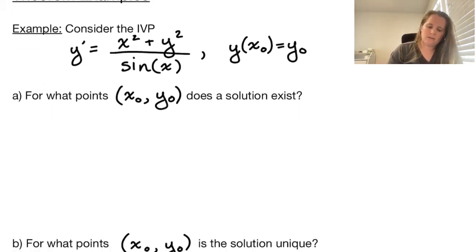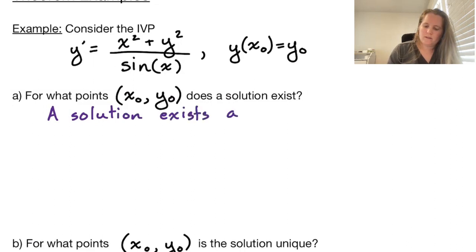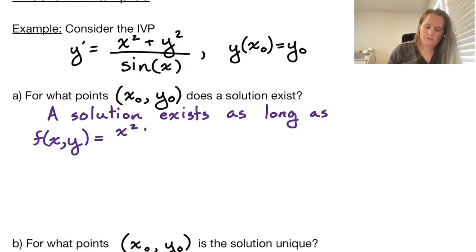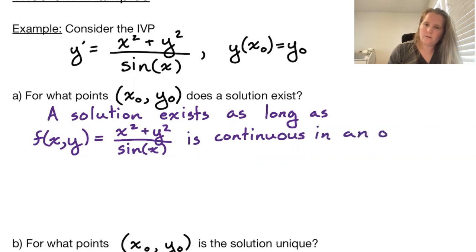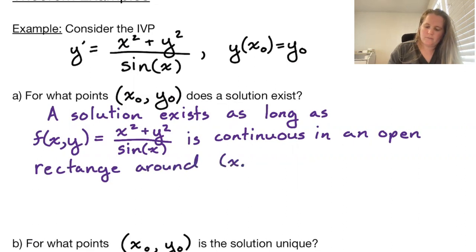So a solution exists as long as the function f of x, y, equaling x squared plus y squared over sine of x, is continuous in an open rectangle around x naught, y naught.